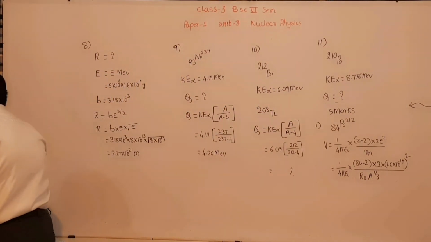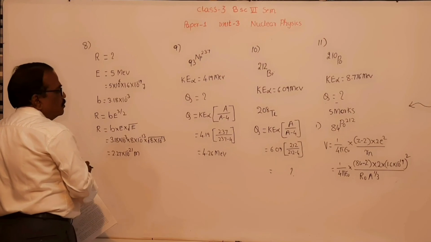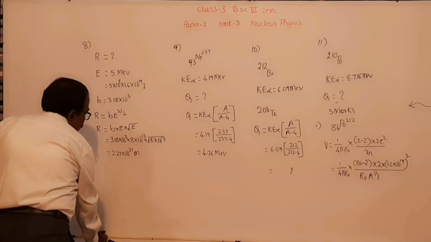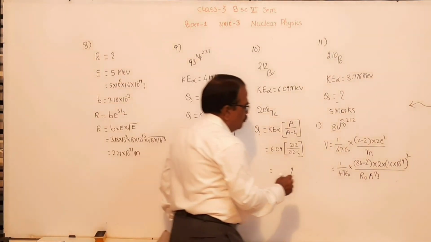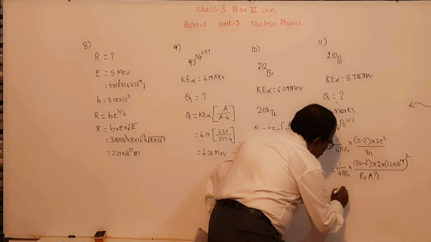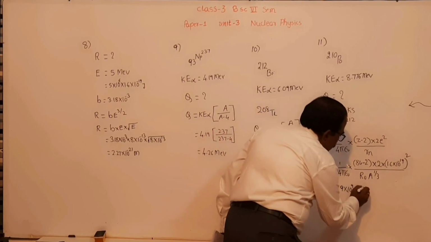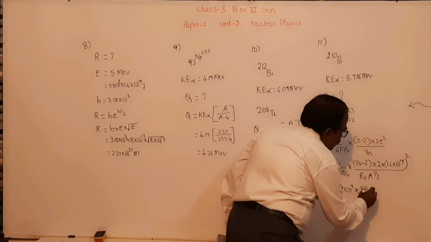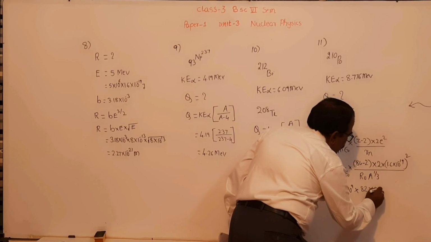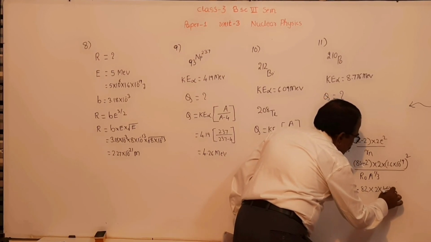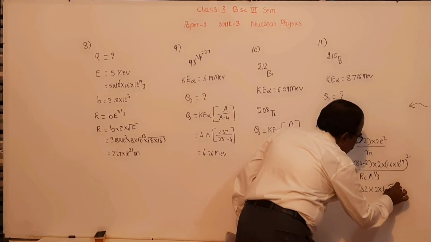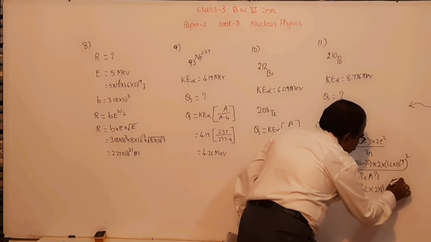Then I hope you will substitute the value of 1 upon 4 pi epsilon, which is 9 into 10 raised to 9, 82 into 2 into 1.6 into 10 raised to minus 19 whole square.